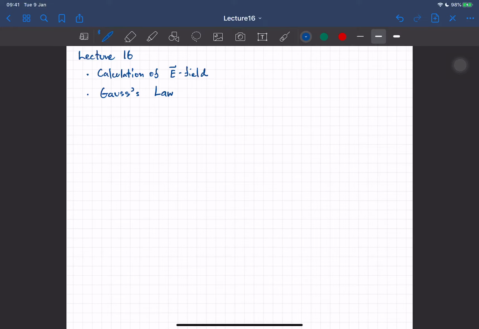Okay, so the first half of this lecture is going to be quite mathematically intensive. I will let you know from the beginning that the calculation, which is calculus based, don't worry if you don't get all of it, because I'm trying to show you that there's a way to calculate stuff, but I don't expect you to be able to do the full calculation in the exam or something like that.